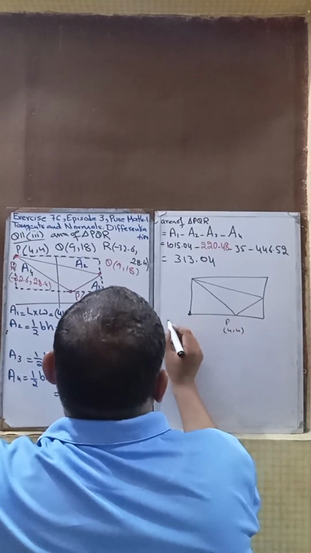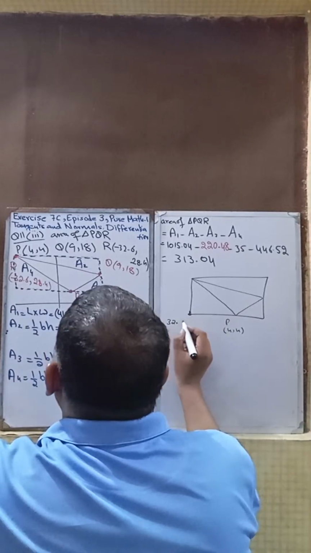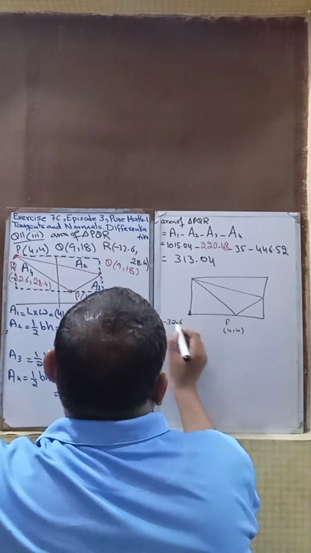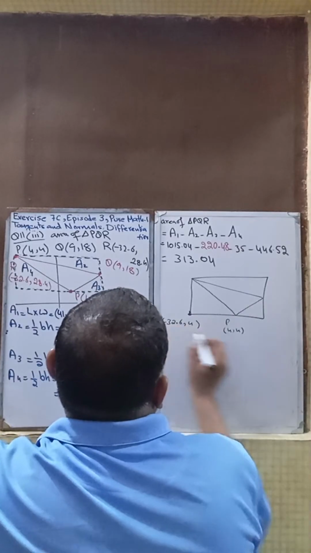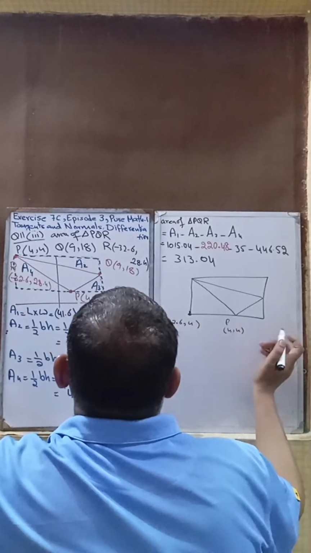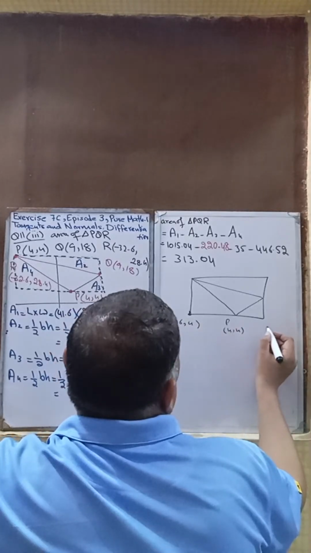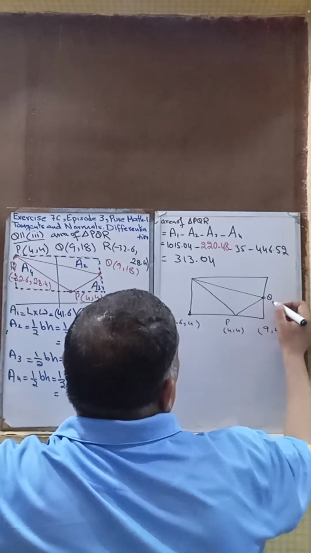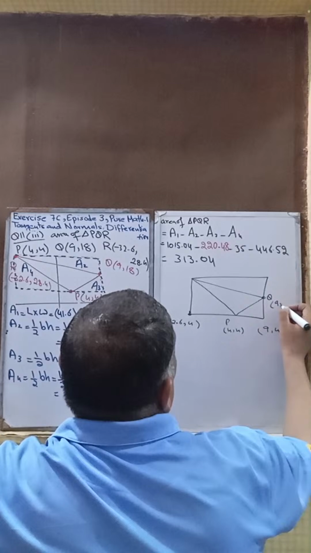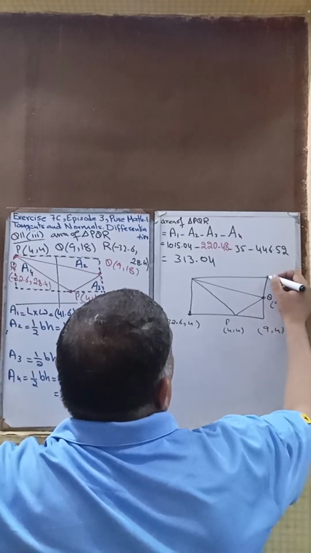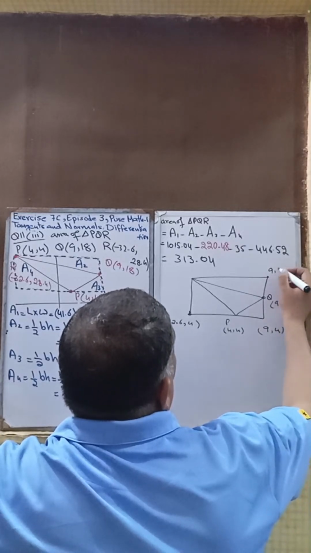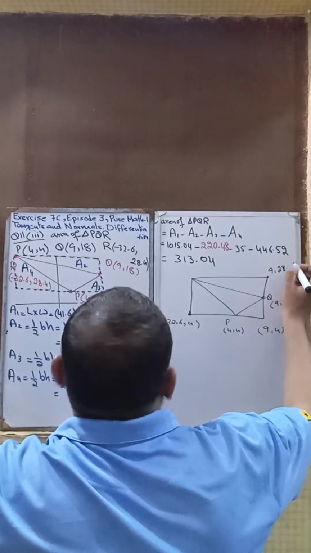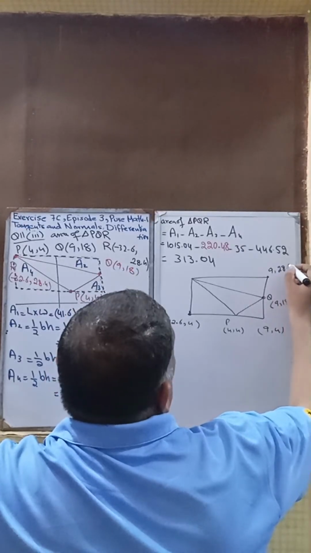This will be minus 32.6, comma 4. This point will be 9,4. This point is Q, which is 9,18, and this point will be 9,28.4.